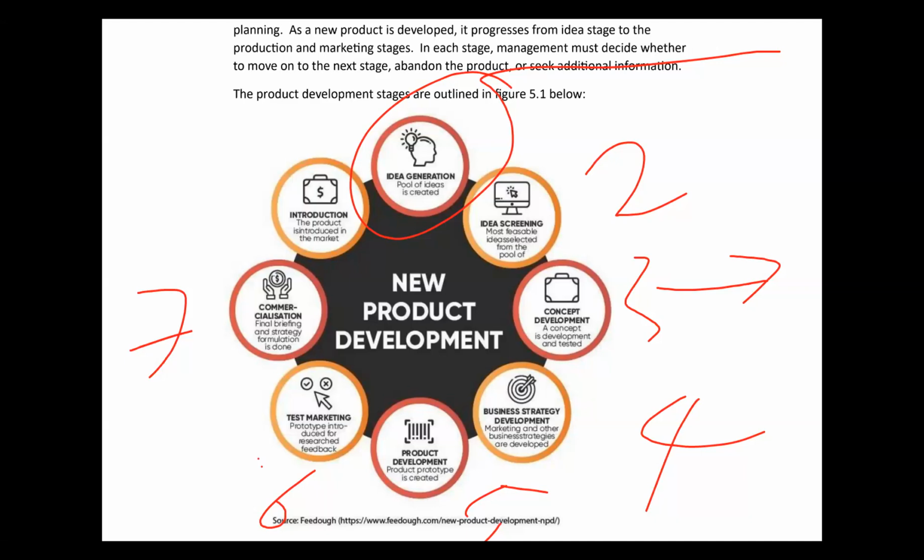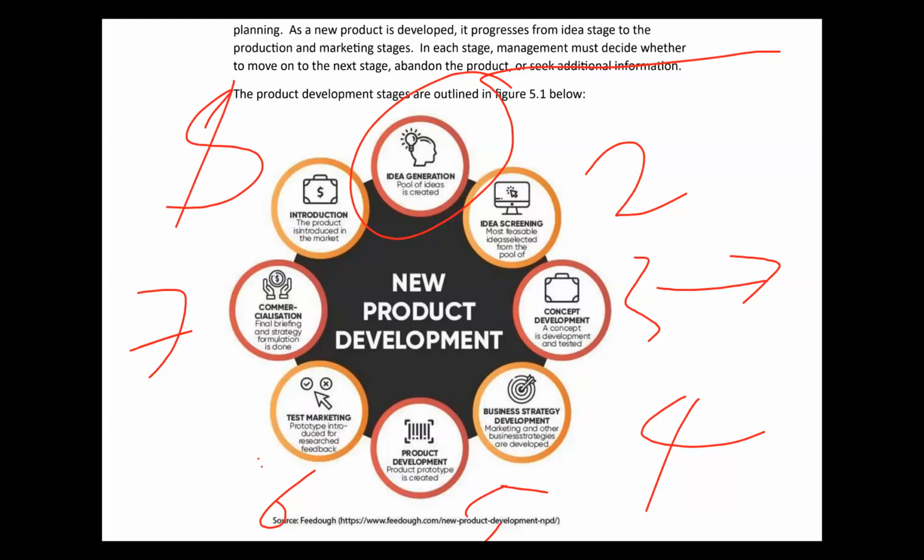Commercialization. This is a final briefing and strategy formulation. At this time, the strategy formulation is actually done. So commercialization is the seventh step, and the eighth stage is introduction of the product into the market. So you introduce the product into the market.